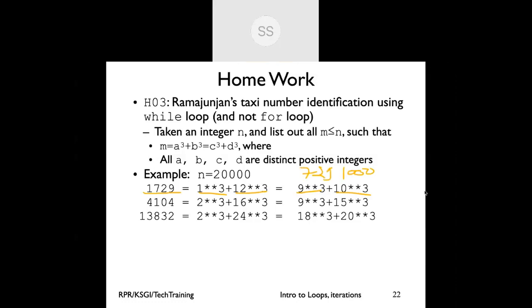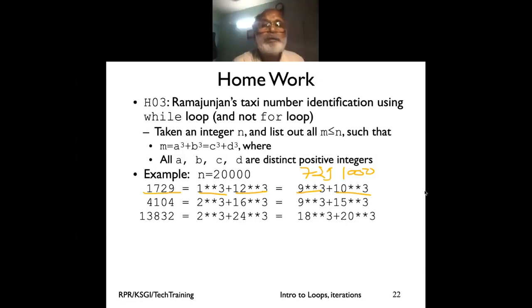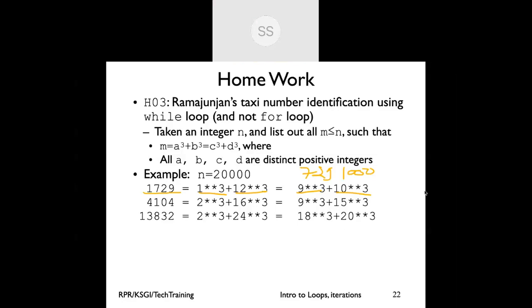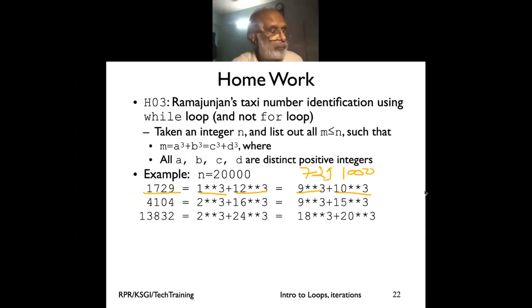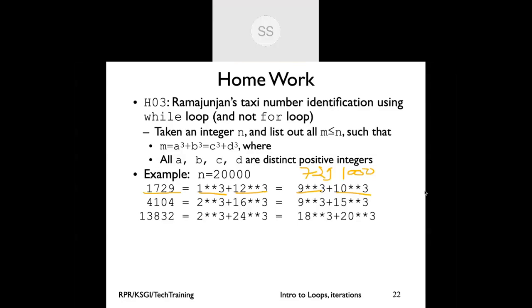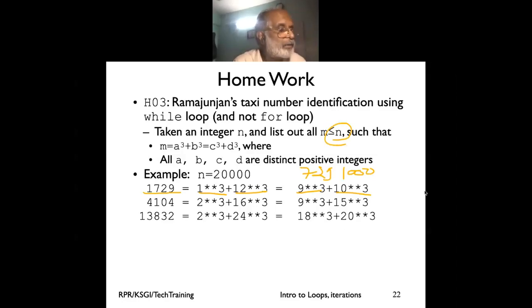So the smallest number which is a sum of two cubes in two different ways is 1729. Now, the question is, given n, let's say I give n as 20,000. Can you find all such numbers which satisfy this property?